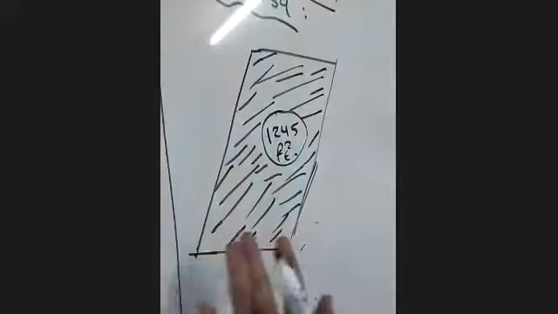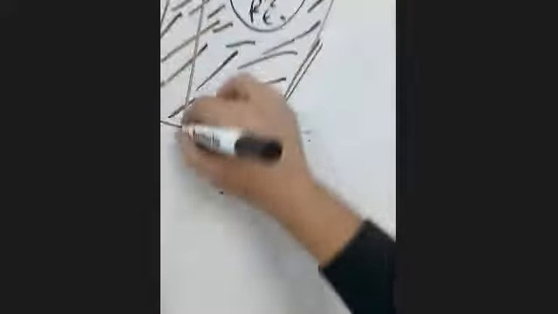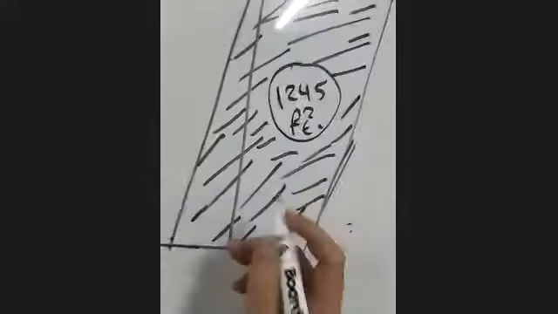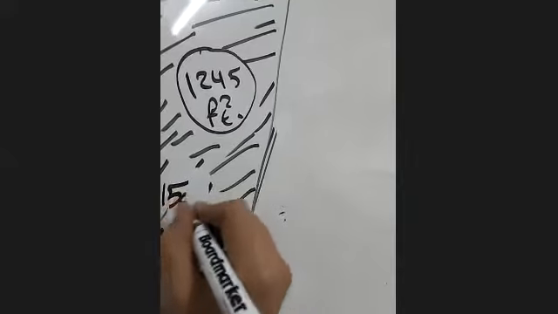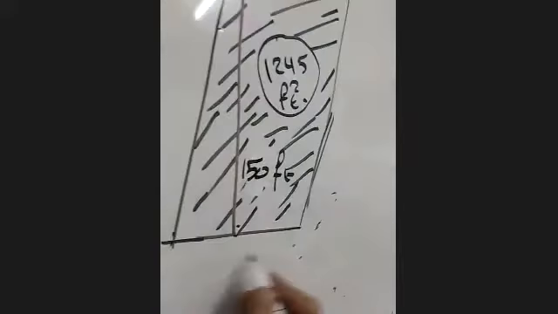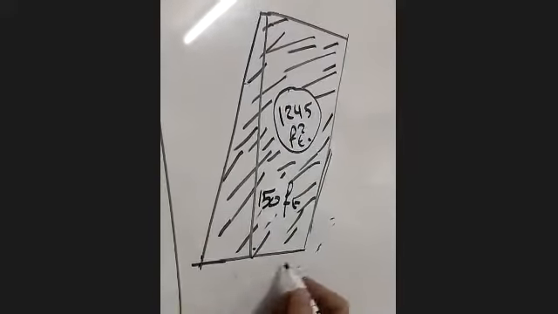Now, the park or the garden, given the base and the height in the question, right? What's the height? 150 feet. Good. And the base is given as how much? 108 feet.